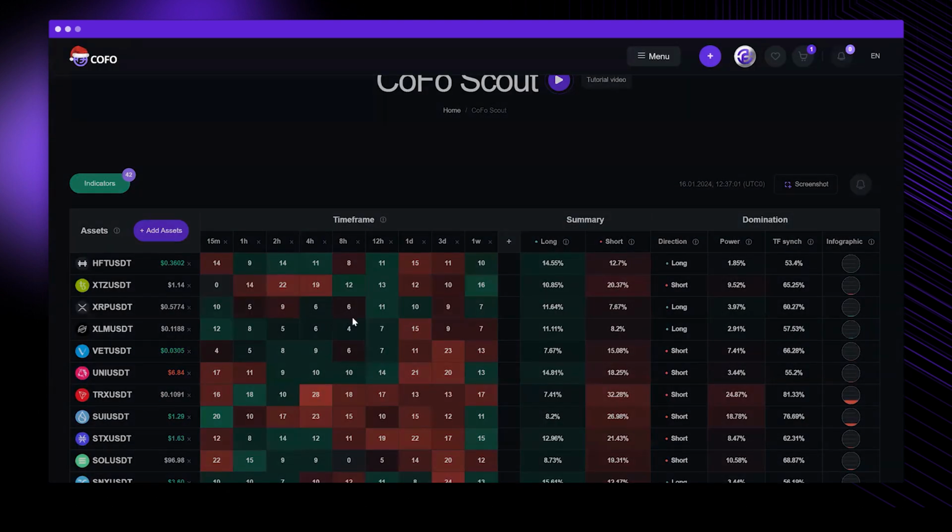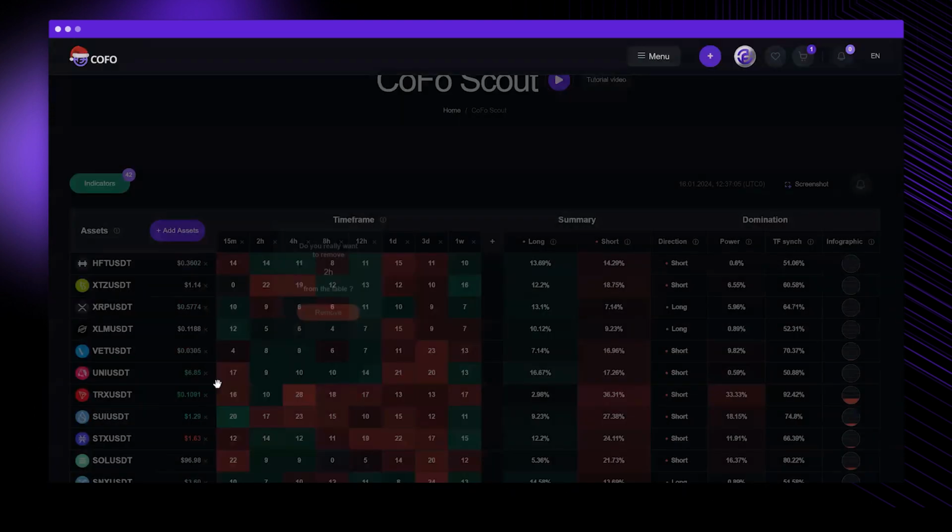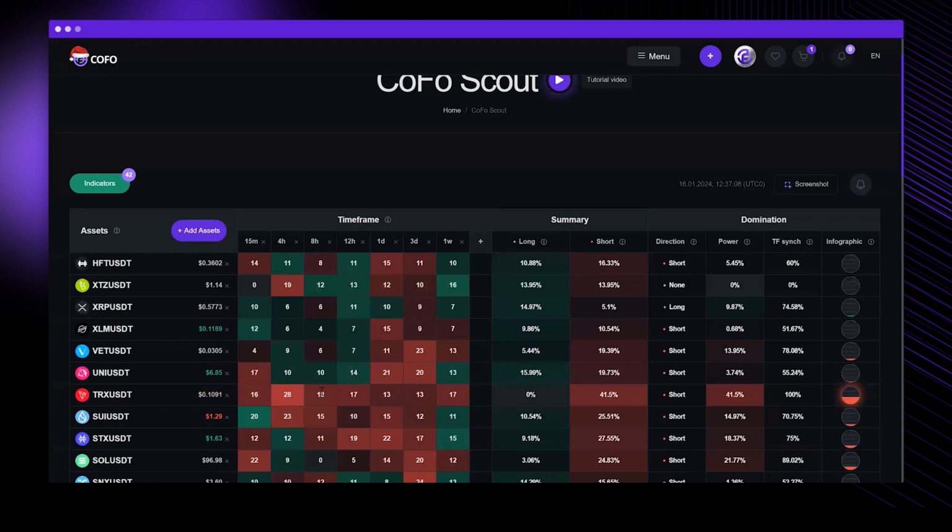We eliminate time frames in long that gathered signals for more accurate data analysis. And we observe that TRX has accumulated a 0% probability for long and a 41.5% probability for short. Direction short, power 41.5% in short, time frame synchronization 100%, and we also see an infographic that is gaining short.